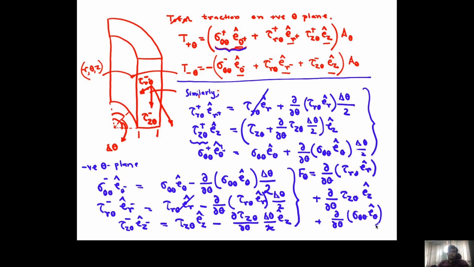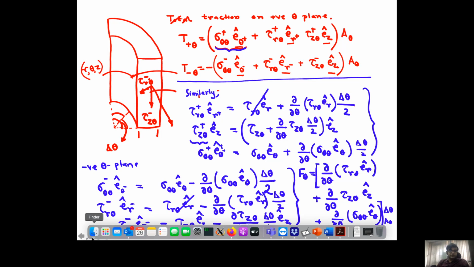Sigma theta theta E theta hat, exactly. And then with all this, you have your delta theta, then you have your A theta.